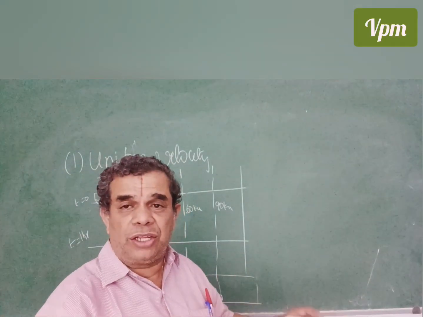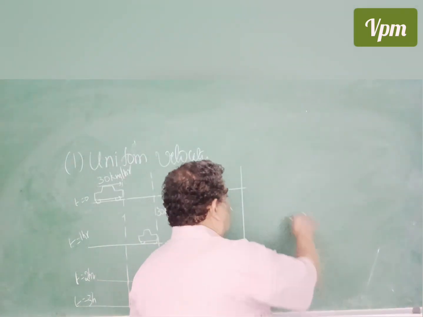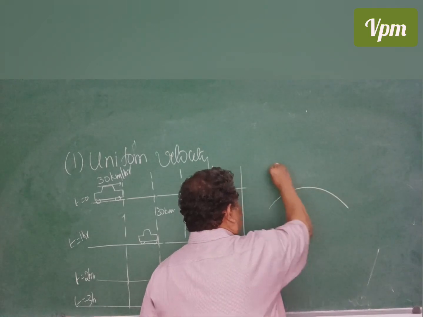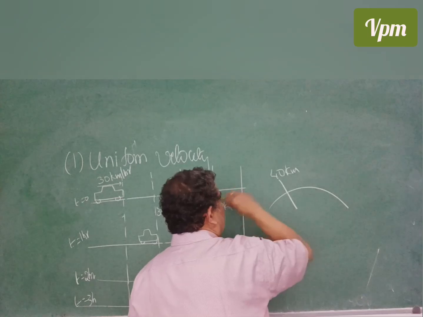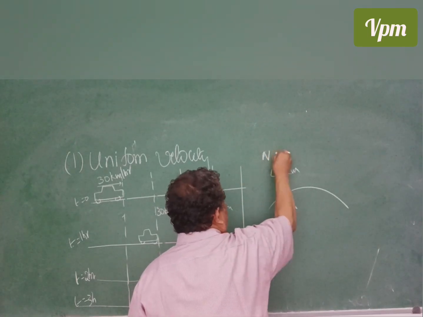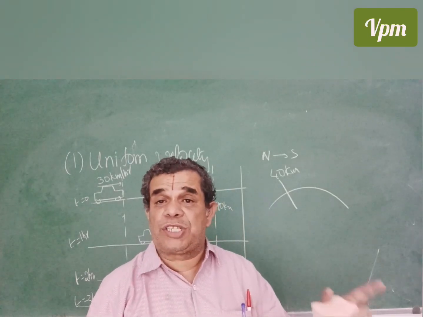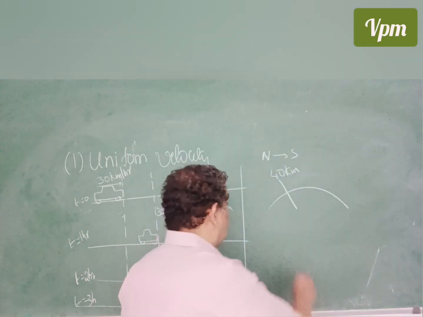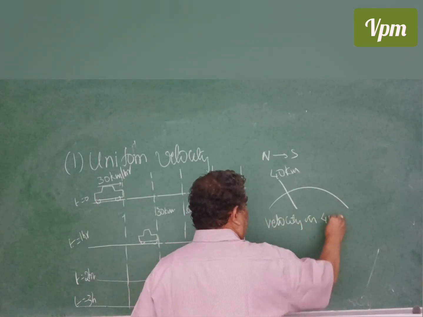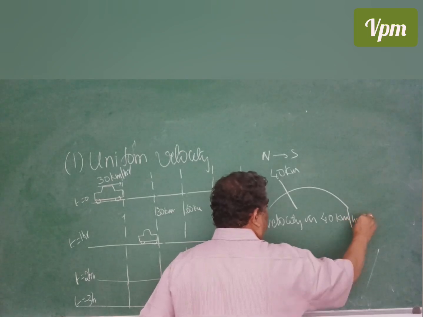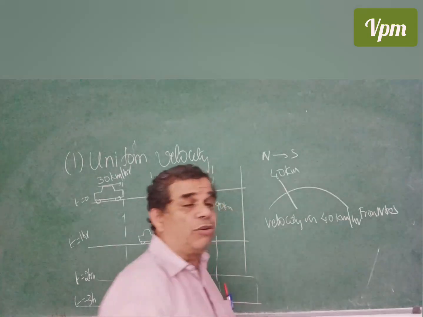Say you are in a car and you also have a compass with you. The car speedometer shows 40 kilometers per hour and your compass needle shows you are moving from north to south. Then your velocity is 40 kilometers per hour from north to south at this moment when you look at the meter.